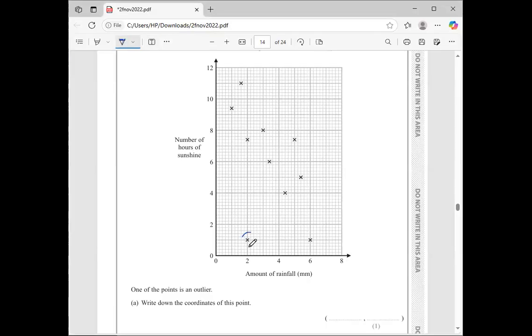This one seems to be the outlier. Do you know why I think that's the outlier? Because it's not in line. Did you say it's not in line?